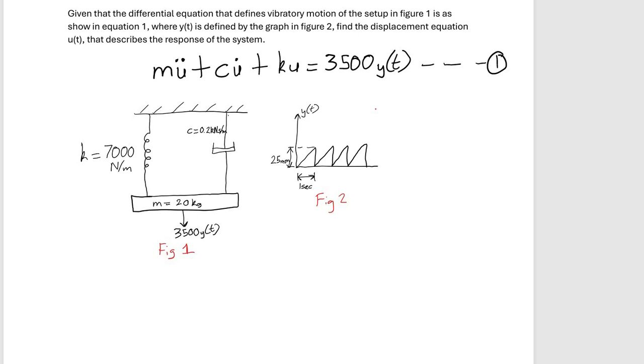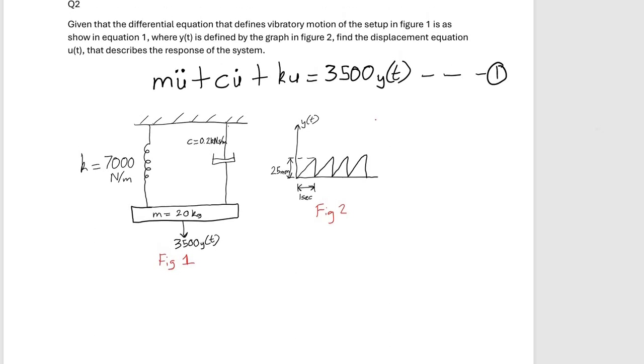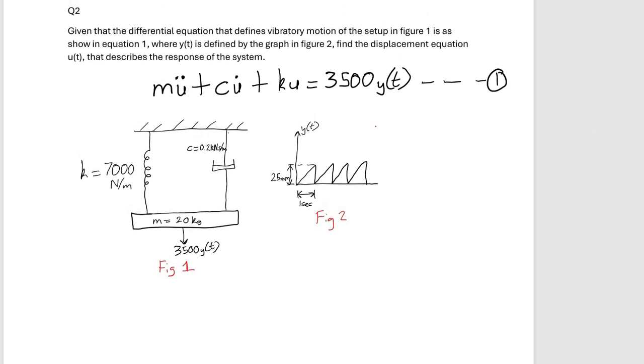In this particular question, we are given the following differential equation that is used to define this vibratory motion, as shown in figure 1. Equation 1 describes the differential equation for the motion.